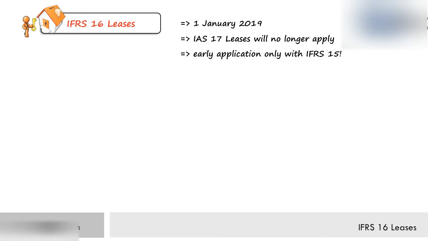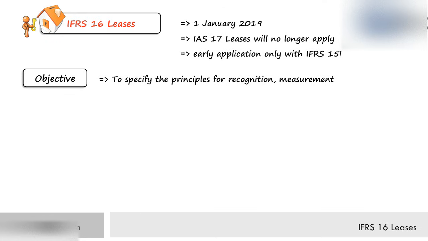Well, these two standards are very closely related, and if your company is affected by IFRS 15 a lot, then you should probably consider early application of IFRS 16 too, in order to make restatement just once. The objective of IFRS 16 is to specify the principles for recognition, measurement, presentation, and disclosure of leases.